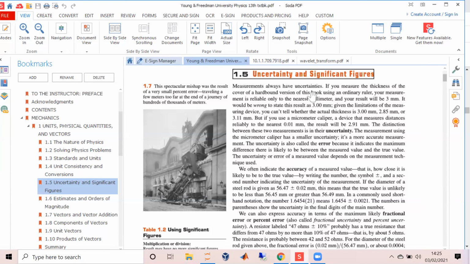I cannot measure beyond decigrams, so I have an uncertainty. So if the scale says I weigh, let's say, 70.1 kilograms, I don't know if it's 70.15 or 70.05, right? So this is one of the sources of uncertainty I have.